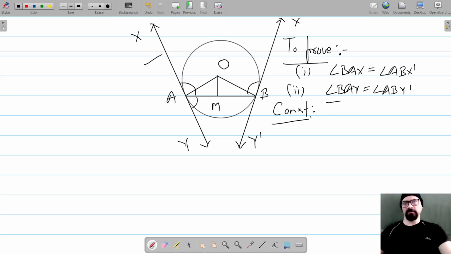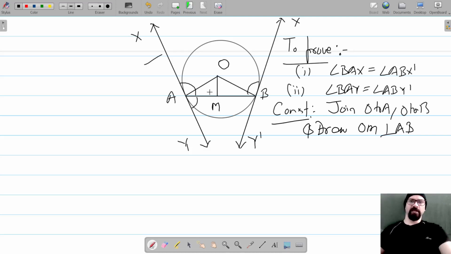Construction: join O to A, O to B, and draw the perpendicular OM. Now we consider triangle AOM and triangle BOM.